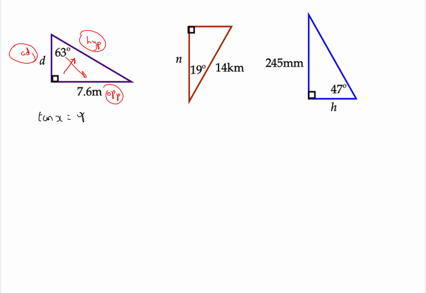Tan x is opposite over adjacent. Substitute in tan of 63 degrees, opposite is 7.6, adjacent is D. So we're going to multiply through by D in order that they can cancel out. Rewrite the equation.